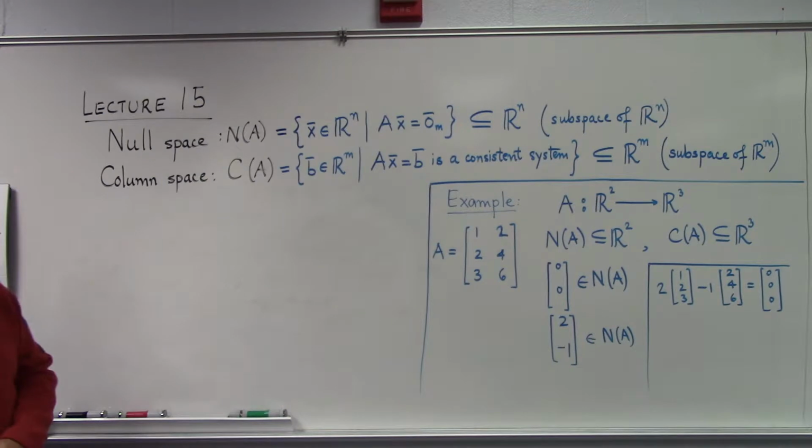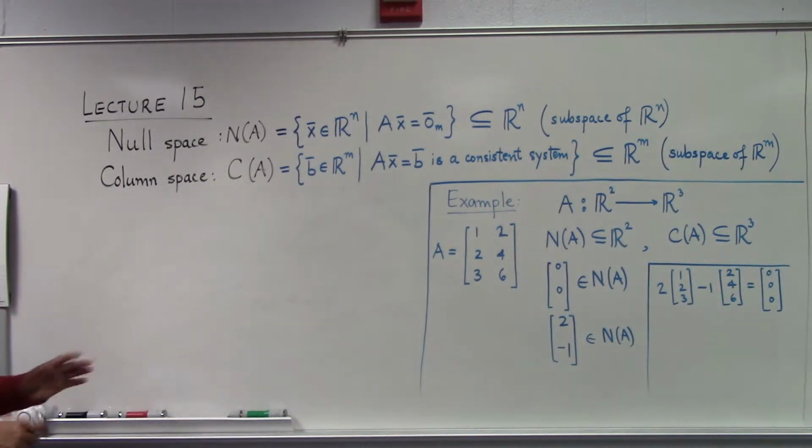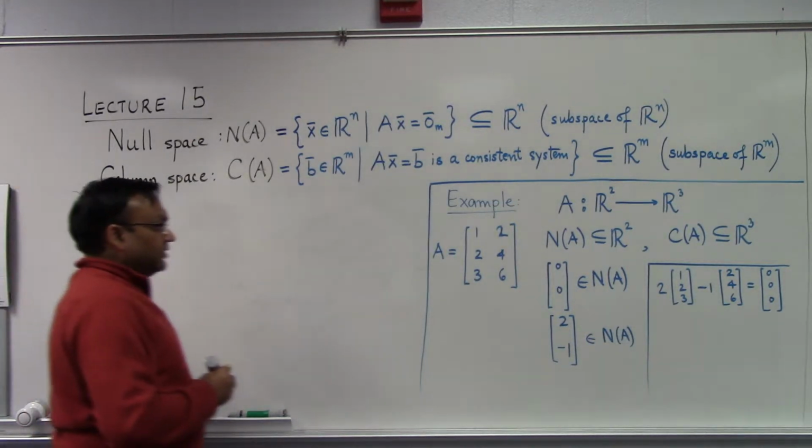Now, since we are living in R2, if there is a subspace spanned by 2 linearly independent vectors, then it has to be the entire R2. So we want to know whether it is the 0 subspace, a line, or the entire R2.